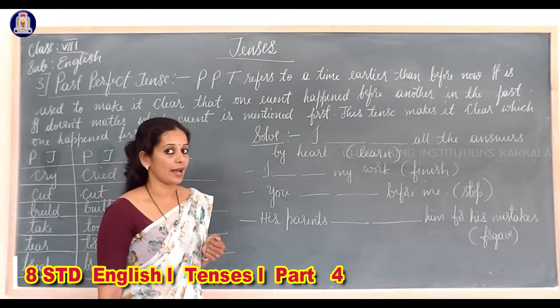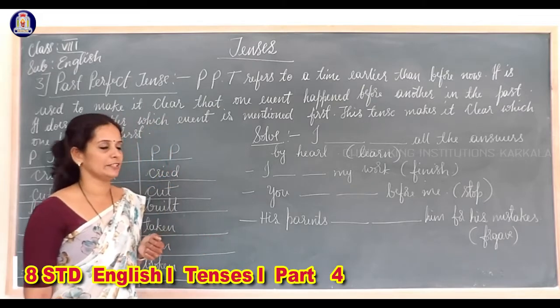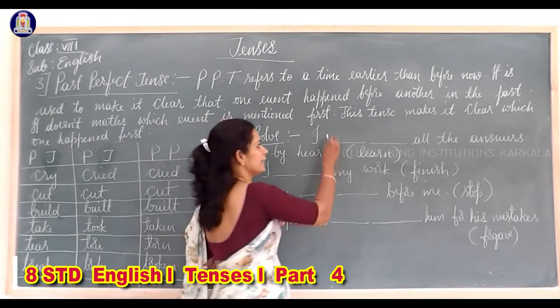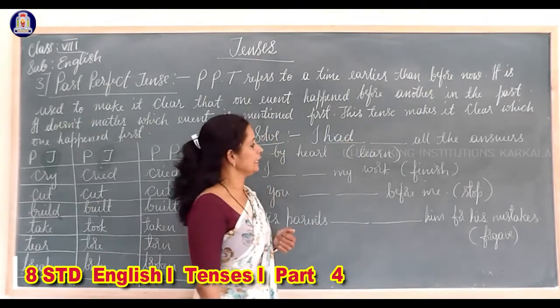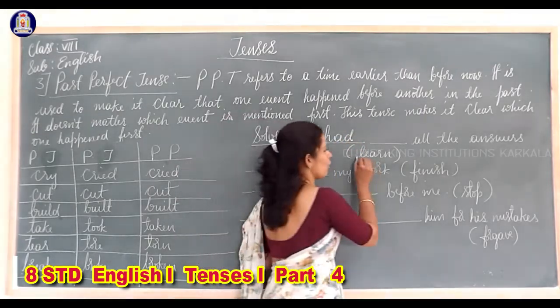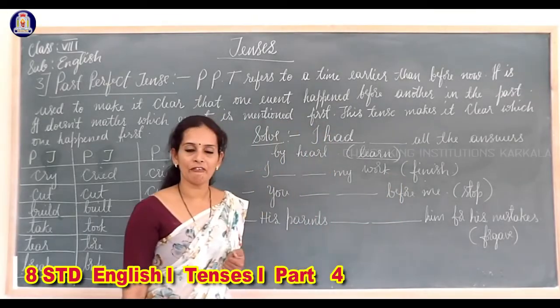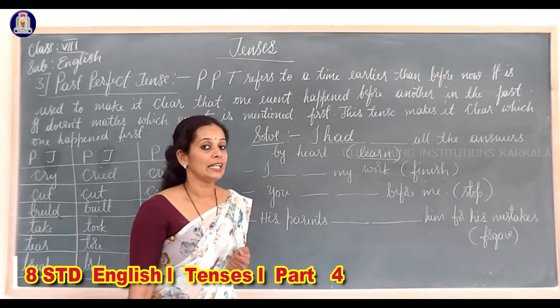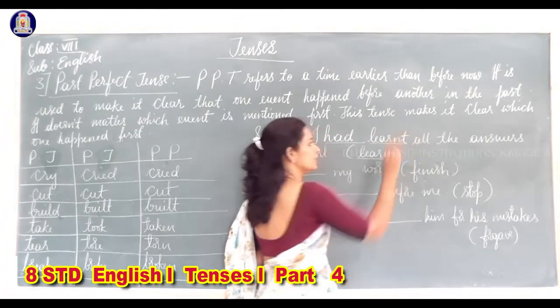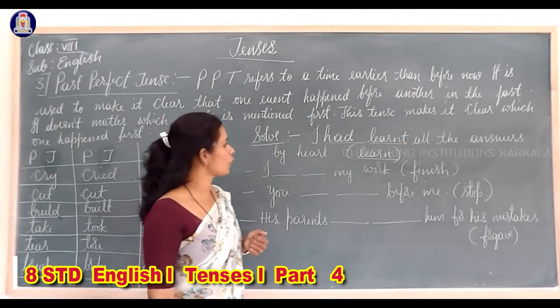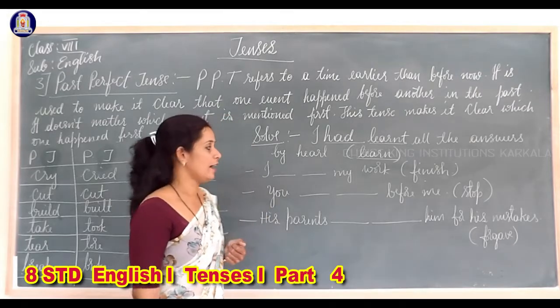Subject plus had plus past participle, right? The subject is I here. Had, the auxiliary verb, we have to add here. I had. What is the past participle of the verb learn? Learnt. Learn, learnt, learnt. I had learnt all the answers by heart.